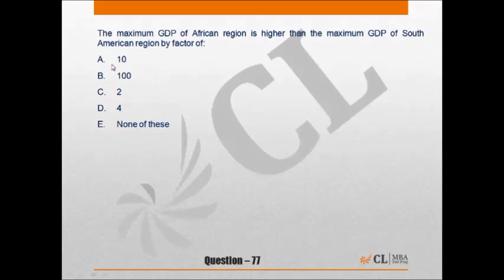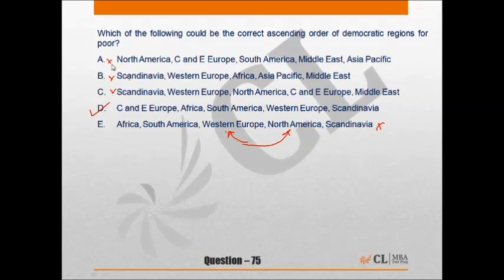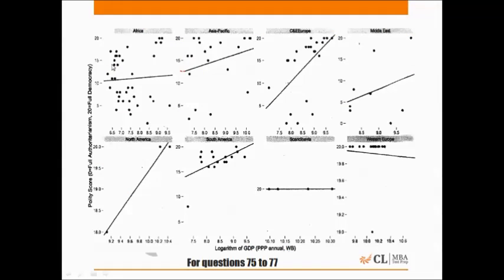Move to the last question of this set. The maximum GDP of African region is higher than the maximum GDP of South American region by a factor of. So for this problem, first of all, we need to find the maximum GDP for Africa, which is slightly more than 9.5.